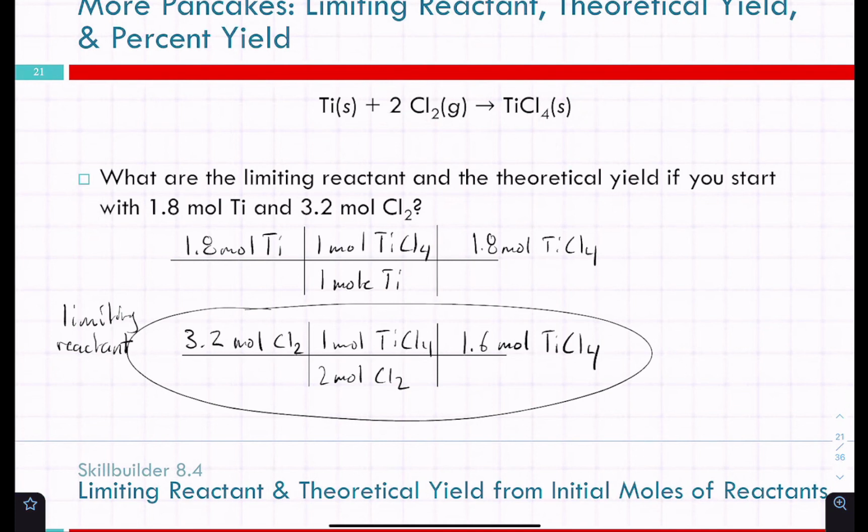And our theoretical yield is going to be that amount that we could make with the limiting reactant. And that is always the case. The one that makes a smaller amount is your limiting reactant. The amount that that smaller amount makes is your theoretical yield, always.